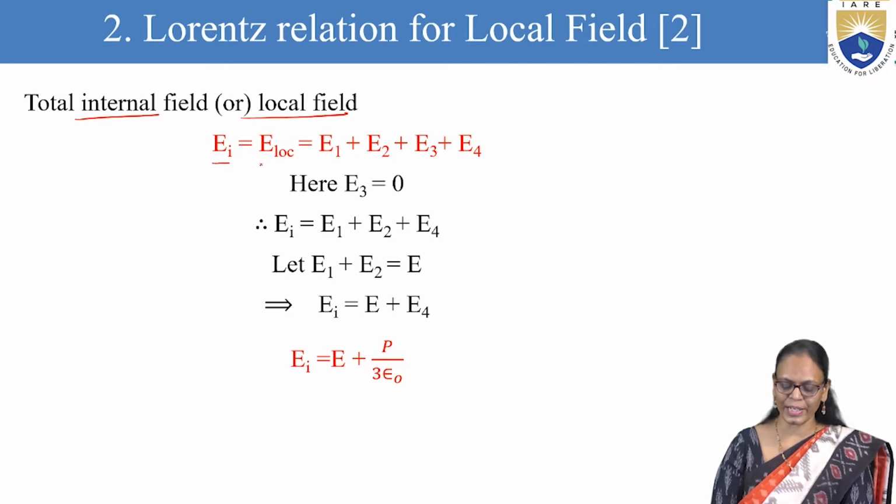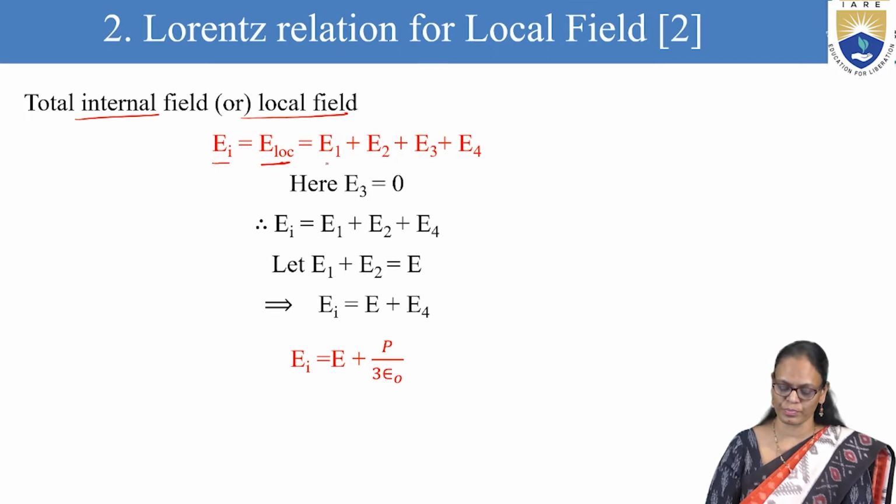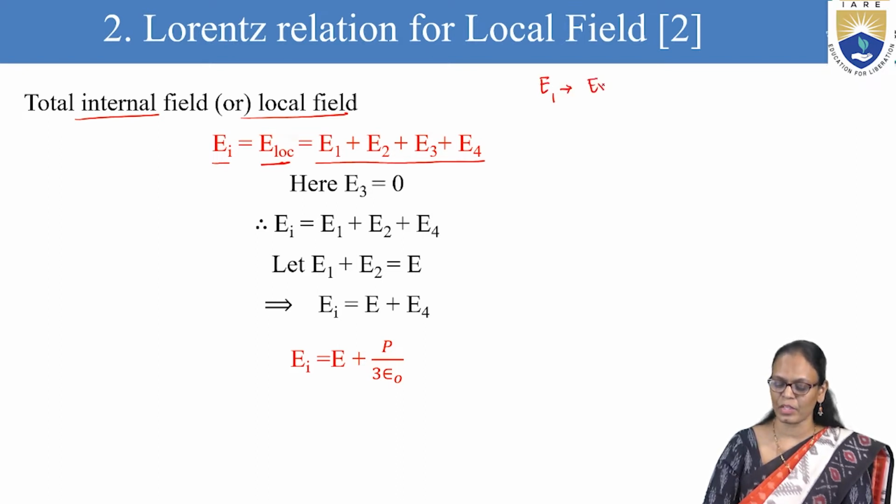E_i or E local, which is equal to E1 plus E2 plus E3 plus E4. Here, E1 is the external field that we are applying.